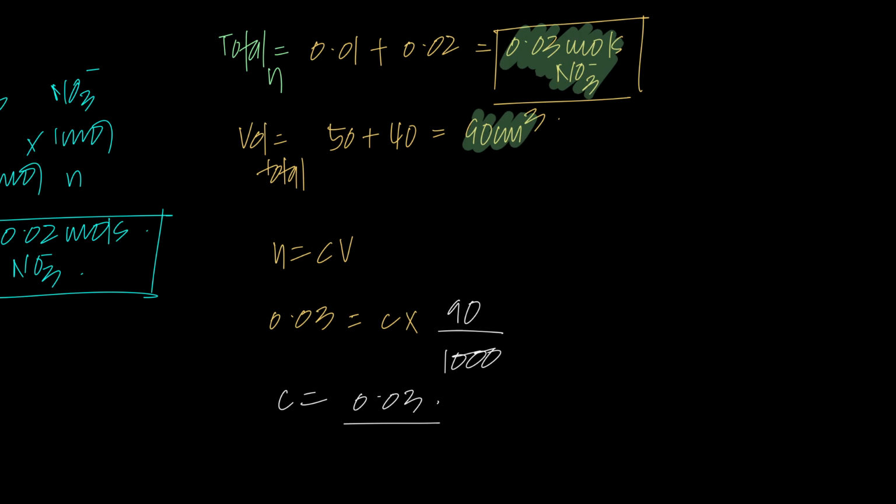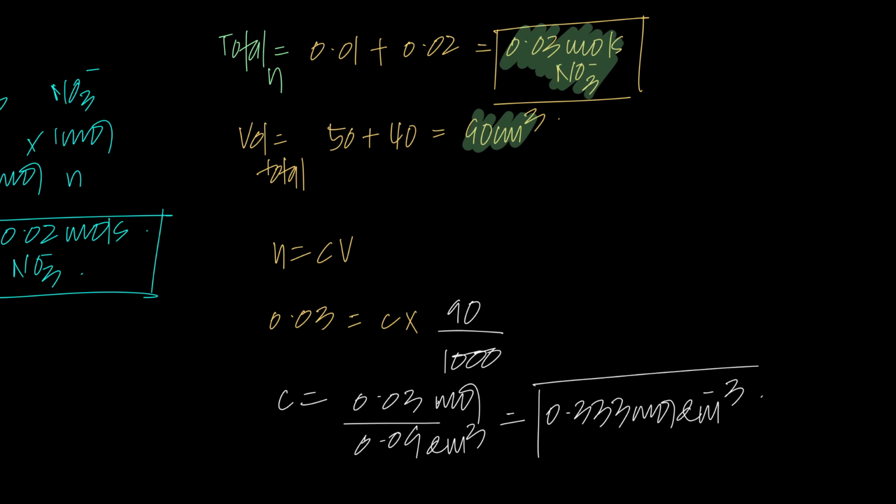See, this is moles, and now this is dm cube. I converted it into dm cube, 90 divided by 1000 dm cube. 0.03 divided by 0.09. Done. What do we get? 0.333 mole per dm cube. That's the concentration of nitrate ions in the mixture.